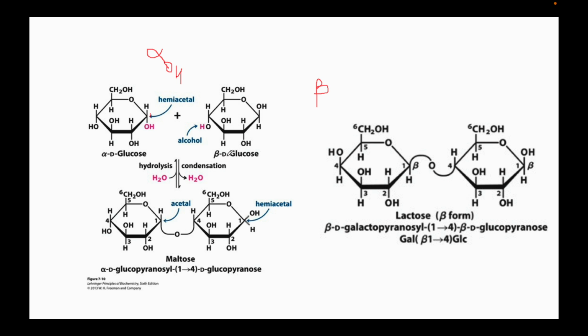Okay, so this is beta, but this is alpha 1,4 linked. Right? Why alpha 1,4 linked? Because the C1 is attacking C4. Right? So this linkage is alpha 1,4 linkage. We will not call it beta.